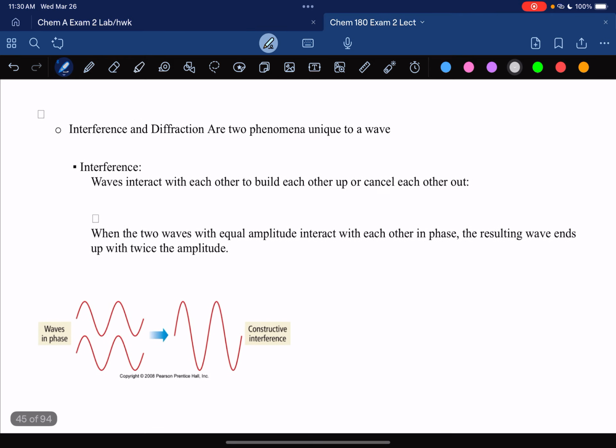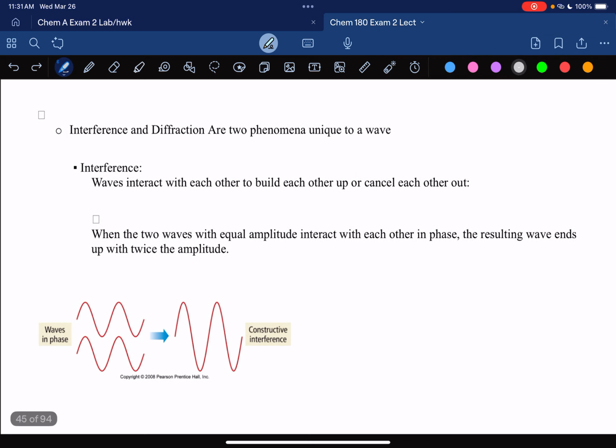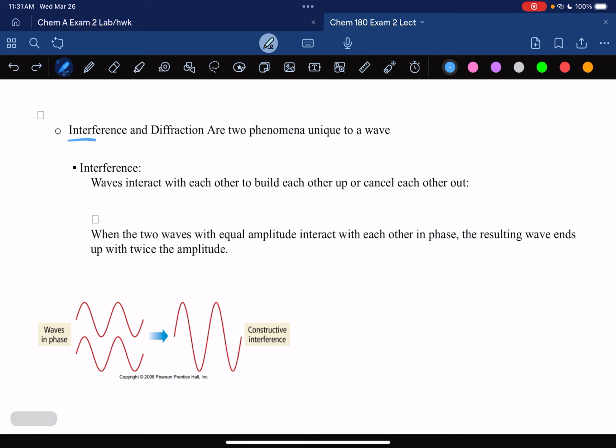Now, in addition, if something is a wave, it has two properties: it will interfere with each other, and it will also diffract. Those two phenomena are unique to waves.